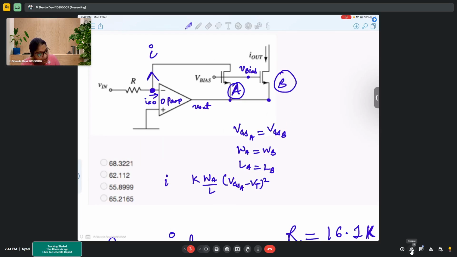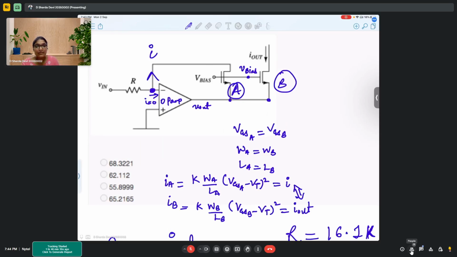For transistor 2, it will be K WB by LB times (VGS B minus VT) whole square. Now we know that the current through transistor 1 is I, and the current through transistor 2 is Iout. We also know that all these factors are equal, which ultimately makes I equal to Iout. Is this clear?